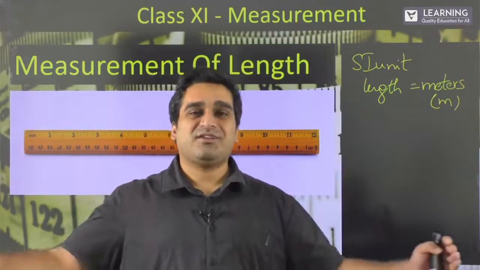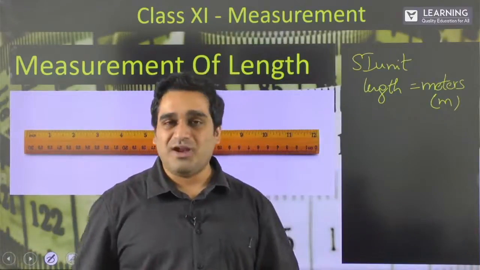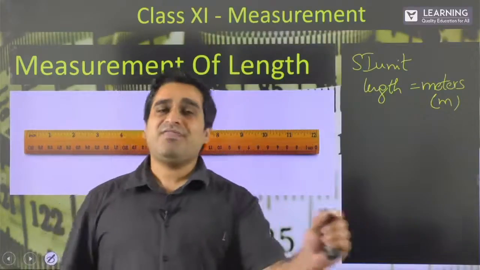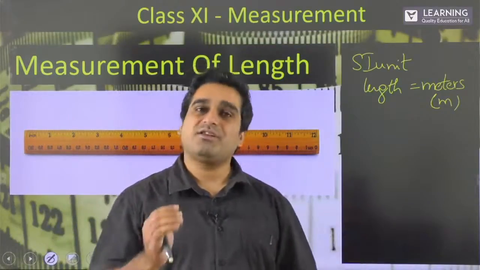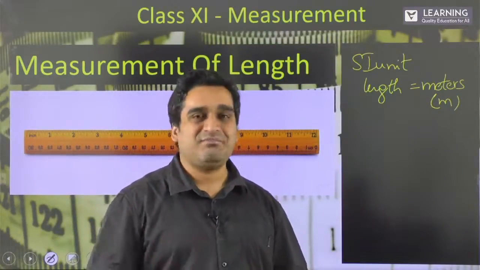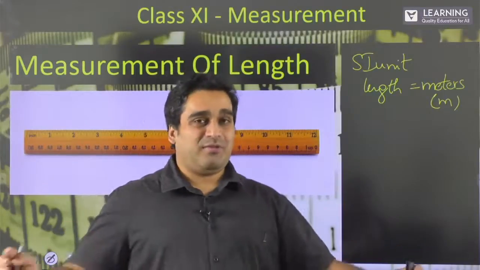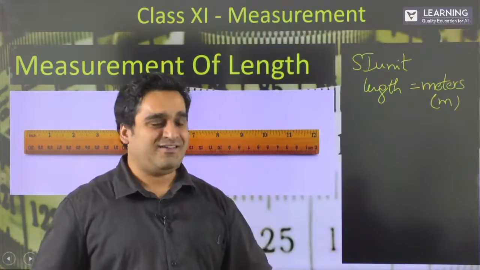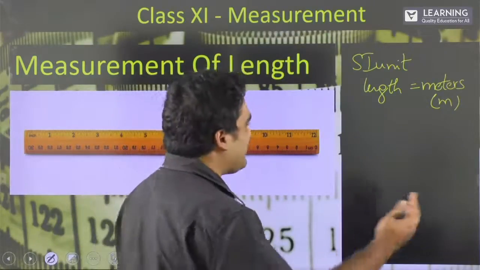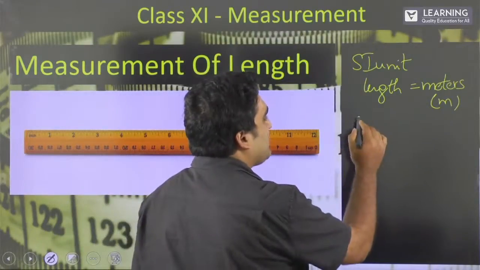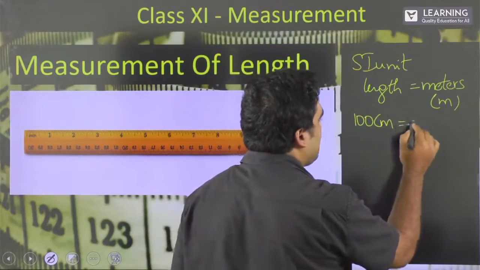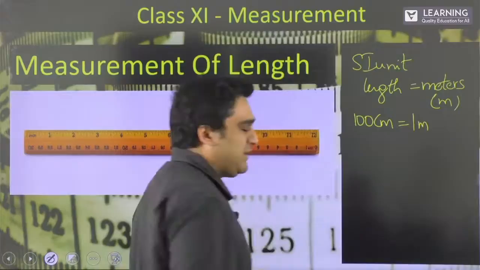Now, you take a standard ruler of 1 meter and cut it into 100 parts. The length of one part is called 1 centimeter. And remember, centi means 100, and that is why we call it centimeter. So 100 centimeters make up 1 meter.